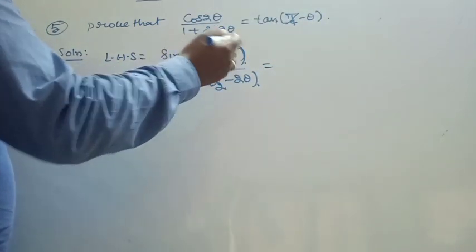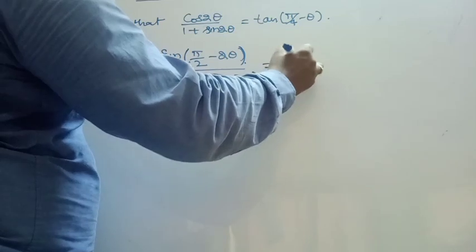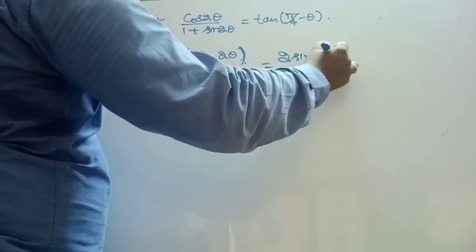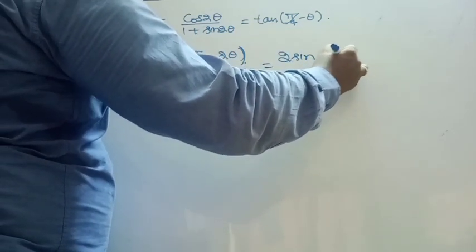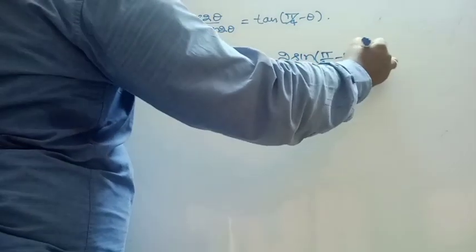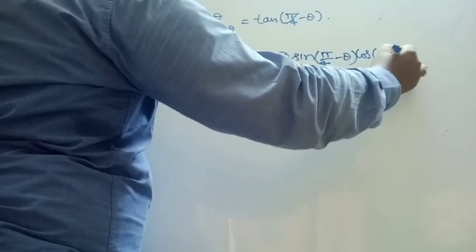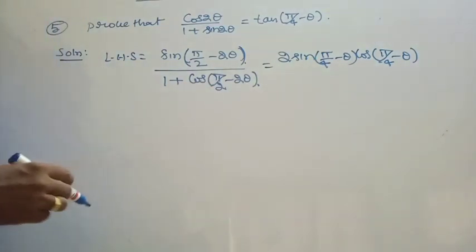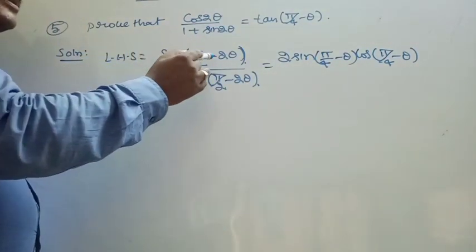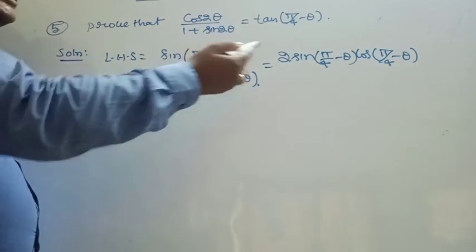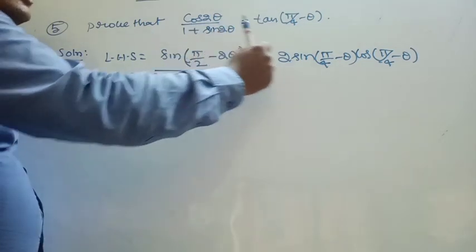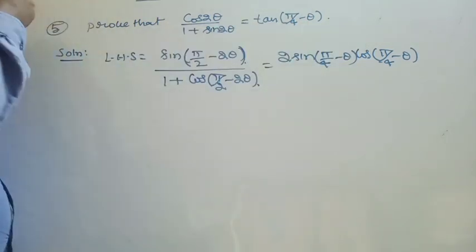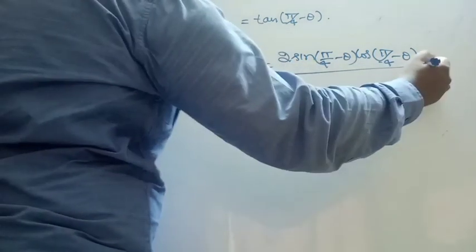By applying the half angle formula, this equals 2 sine of pi by 4 minus theta and cos of pi by 4 minus theta, because half of pi by 2 is pi by 4, minus half of 2 theta is theta. That's why sine a equals 2 sine a by 2 cos a by 2, like this.